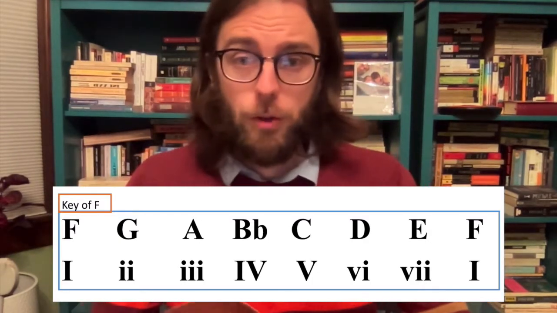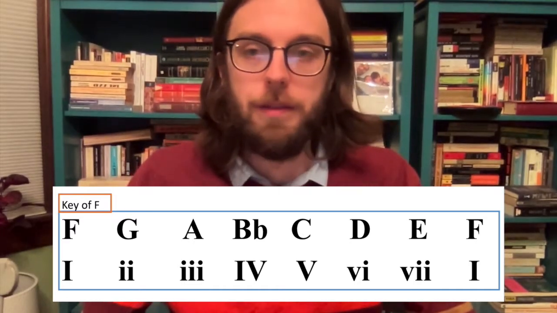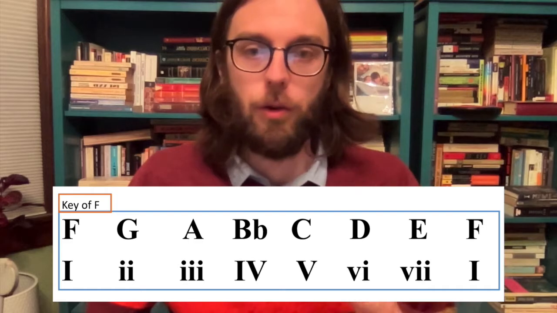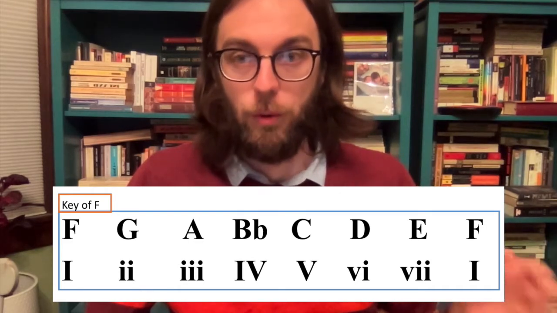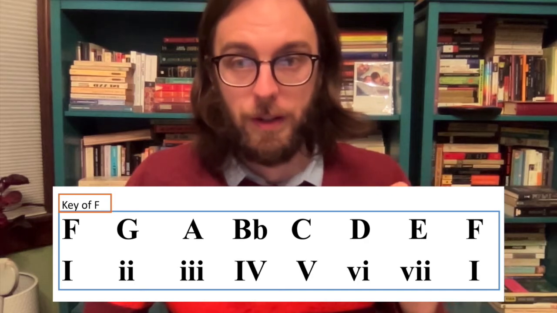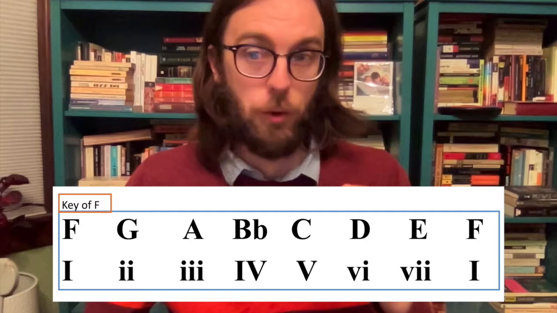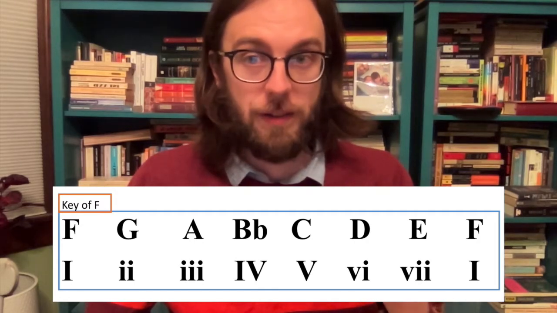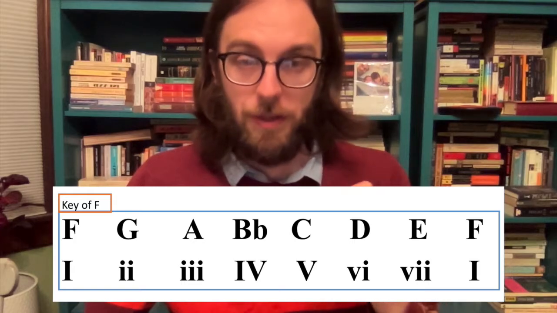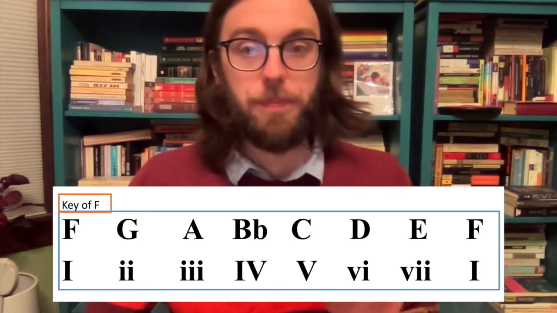So that's the Roman numerals. It's the same concept as the intervals, that the chords are built off of each step of the scale. So the root, the first note of the chord, is the note that it's named after. So the F chord is the first chord, the G minor chord is the second, it's built off of the G, the A minor chord is the third, and so on.